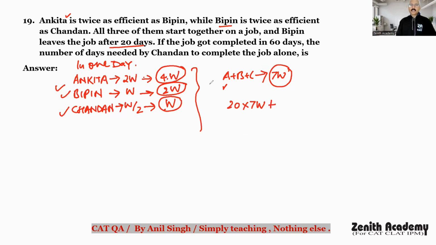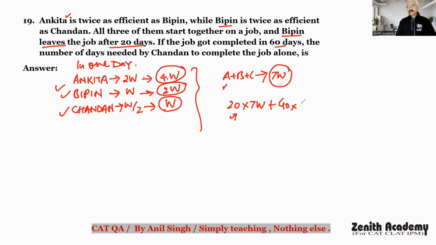The job got completed in 60 days, so 40 days more, and since Bipin left, the work will be done by Ankita and Chandan.